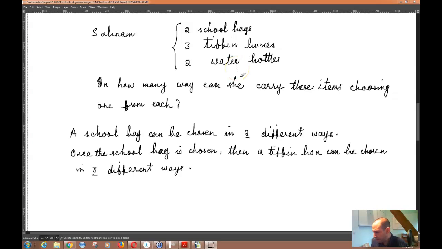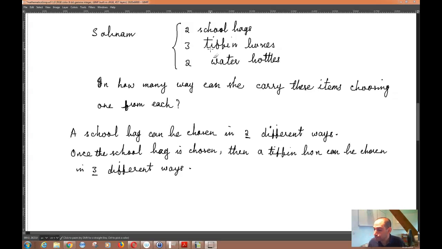That's the assumption that we are making. Otherwise, if your tiffin boxes were similar, such that you wouldn't know the difference when you chose different ones, then the whole situation wouldn't make any sense. But we are assuming that you have exactly three different tiffin boxes, okay?